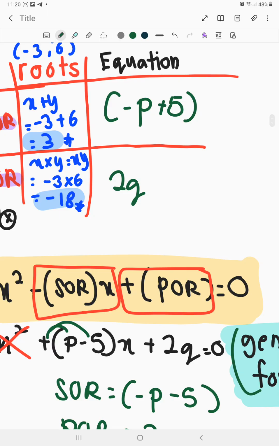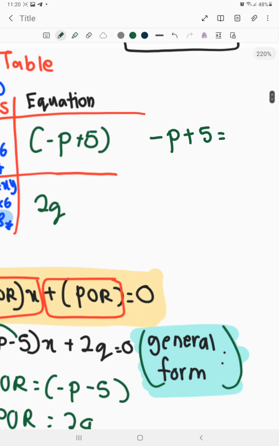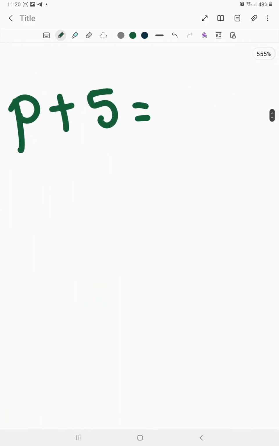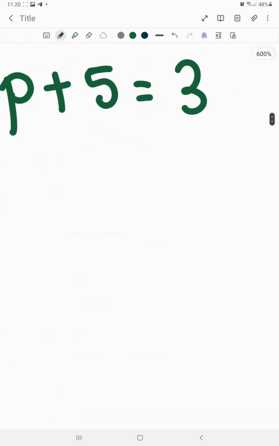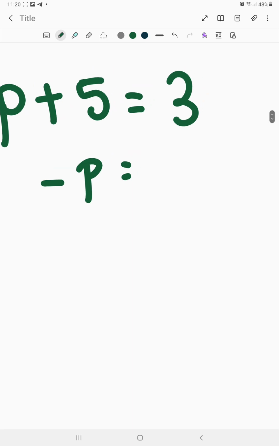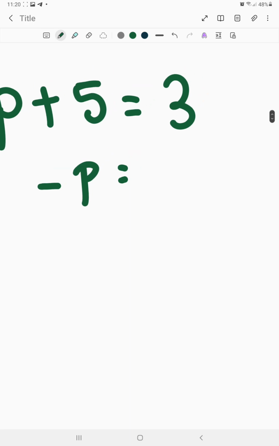Let's go and see. We're going to find the value of p. Negative p plus 5 equals 3. Negative p equals 3 minus 5, which will be negative 2.